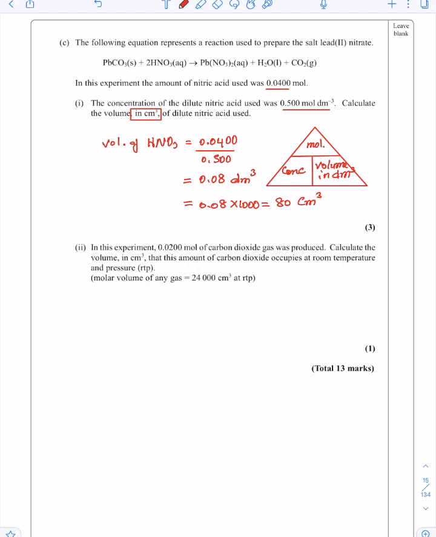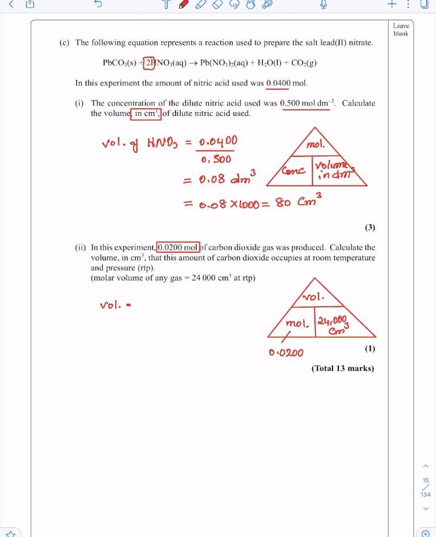In this experiment 0.0200 mole of carbon dioxide gas was produced. Calculate the volume in cubic centimeter that this amount of carbon dioxide gas occupies at room temperature and pressure, given that the molar volume of any gas is equal to 24,000 cubic centimeter at RTP. So to get the volume of carbon dioxide, I need to multiply the moles by the molar volume. Now I don't have the moles of carbon dioxide, but I could get them using the ratio with nitric acid. Actually, since it already gave me 0.0200, there is no need to calculate it; it would have given the same answer, because 0.0400 gives 0.0200. So here we write 0.0200 and multiply by 24,000.